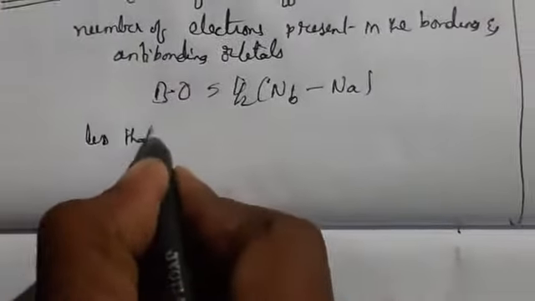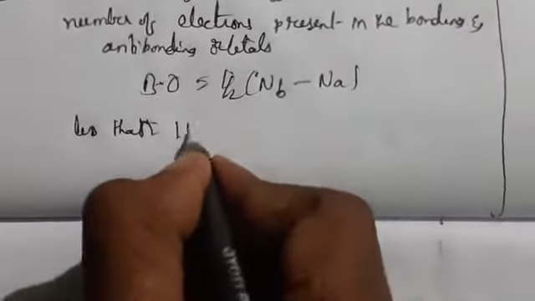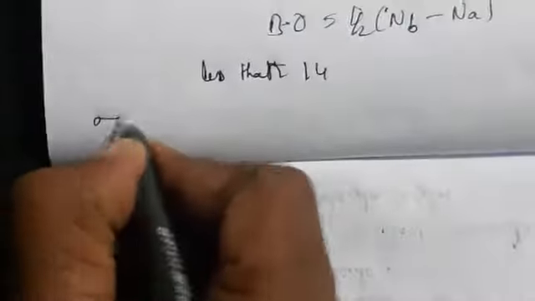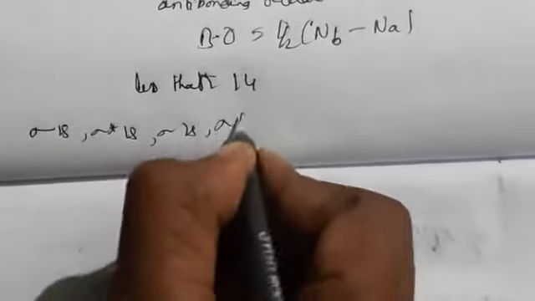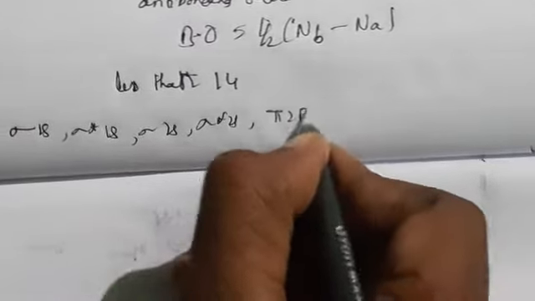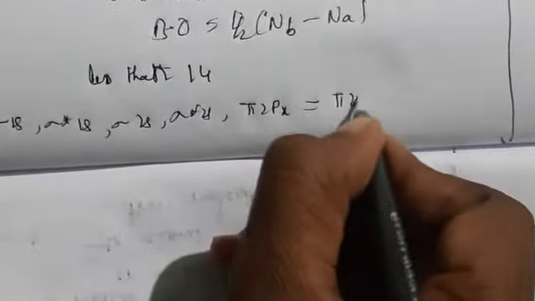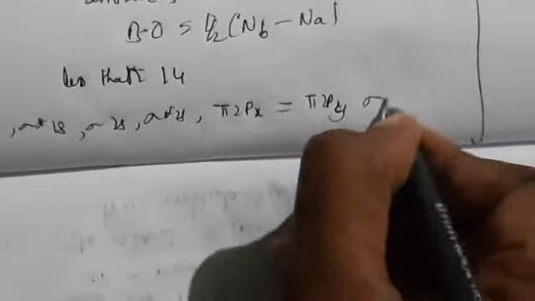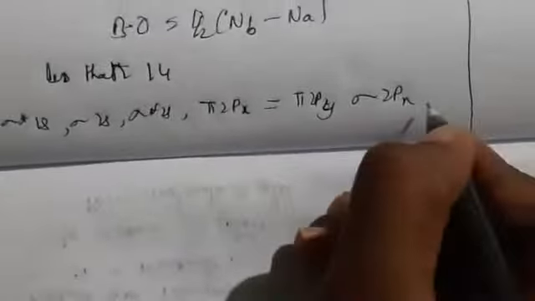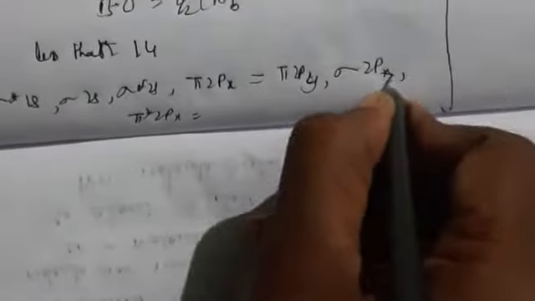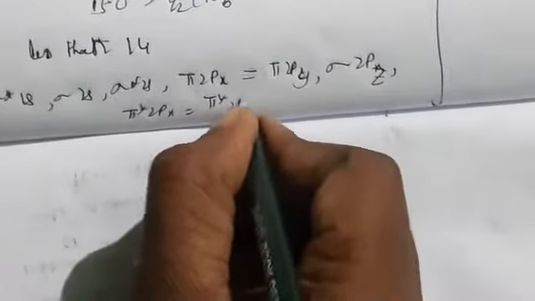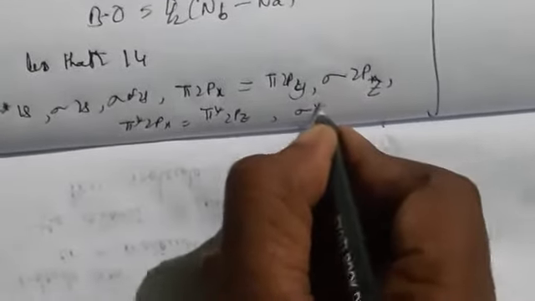So if you have less than 14 or equal to 14 electrons, the electronic configuration is like this: sigma 1s, sigma star 1s, sigma 2s, sigma star 2s, pi 2px equals pi 2py, sigma 2pz, and pi star 2px equals pi star 2py, and sigma star 2pz.